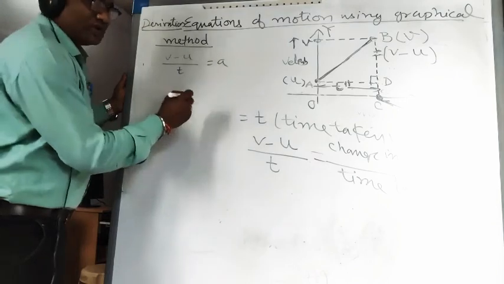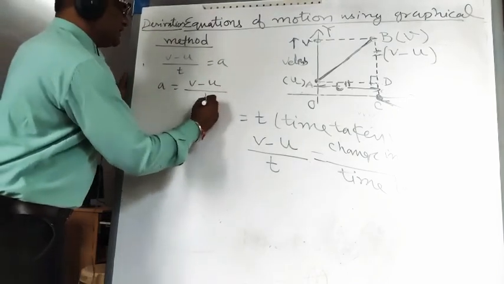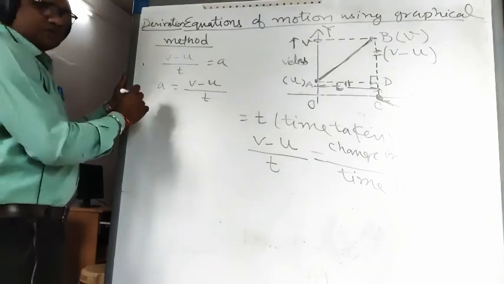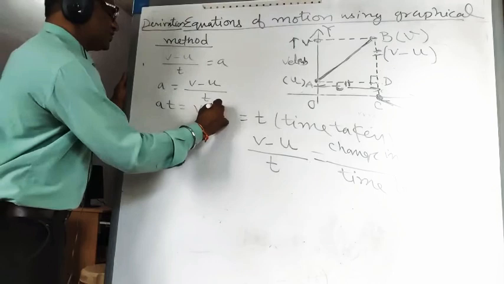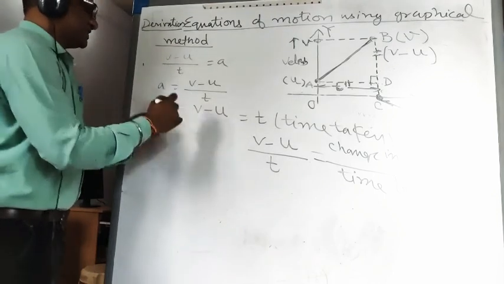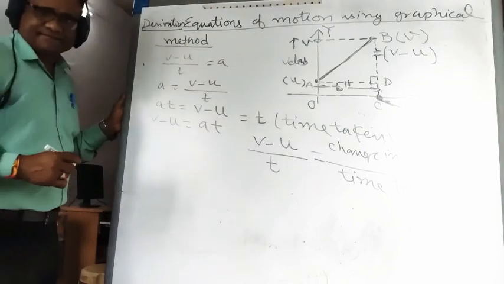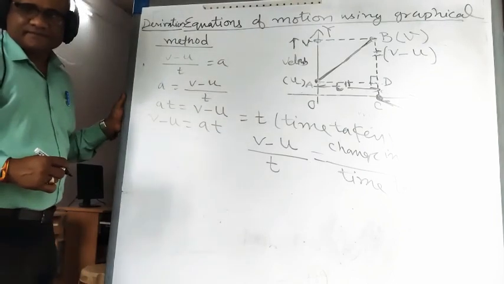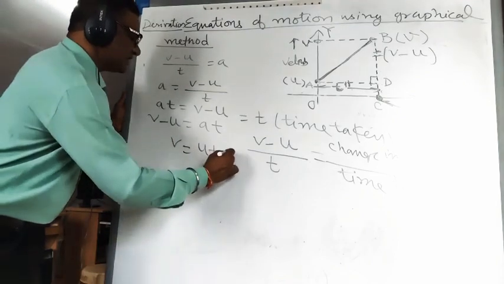So a is equal to v minus u upon t. Therefore, at is equal to v minus u. Please change the side. V minus u is equal to a into t. Therefore, v is equal to u plus at.